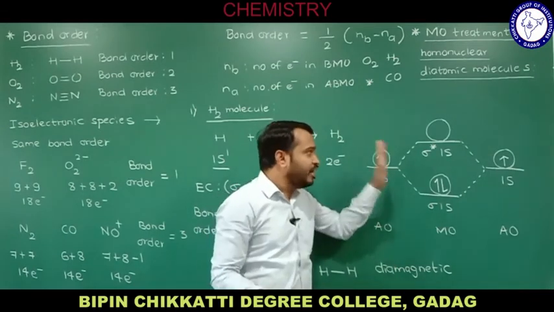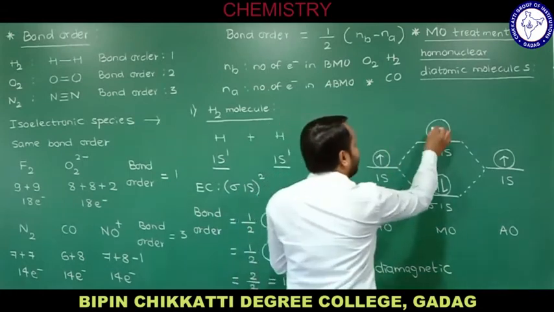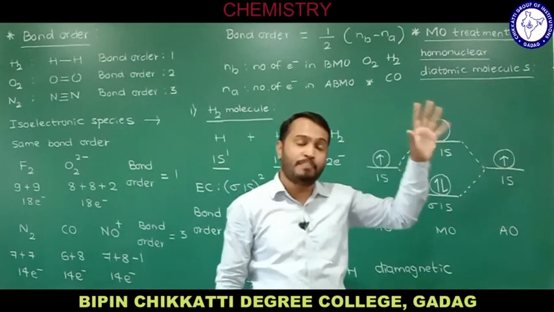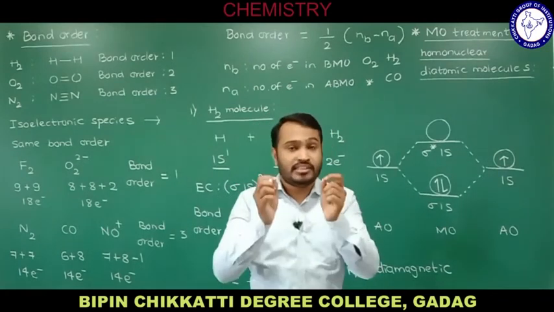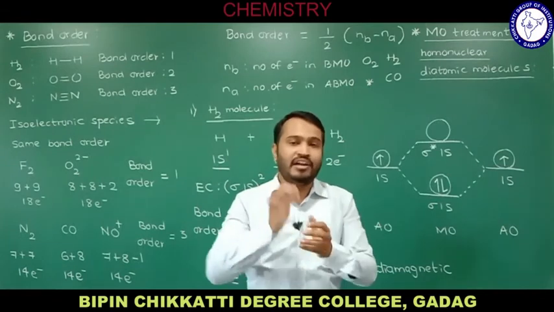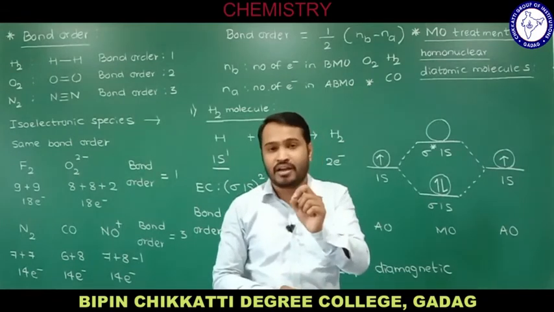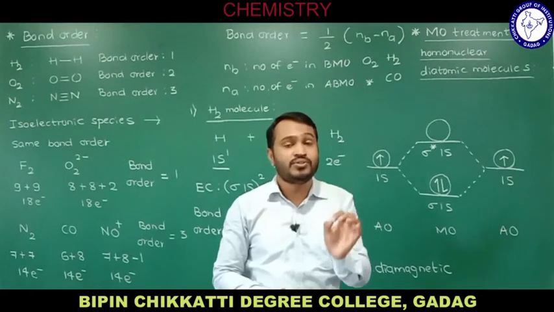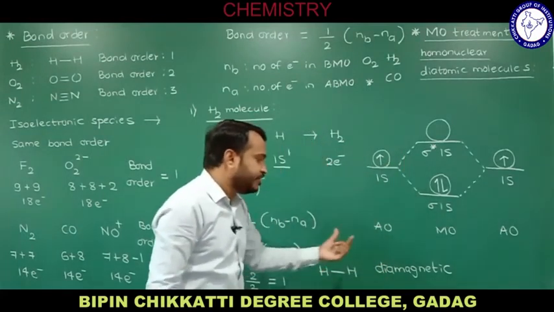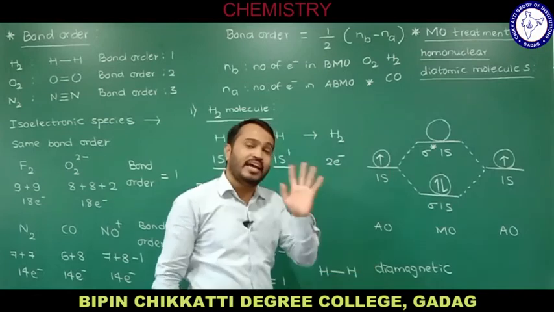And if you see unpaired electrons, let us assume we have one unpaired electron and another unpaired electron, that corresponds to paramagnetic property. So the substances which are going to be slightly attracted by a magnetic field are considered to be paramagnetic, and the reason for that is the presence of unpaired electrons. Since we don't have unpaired electrons, therefore the hydrogen molecule is diamagnetic in nature.